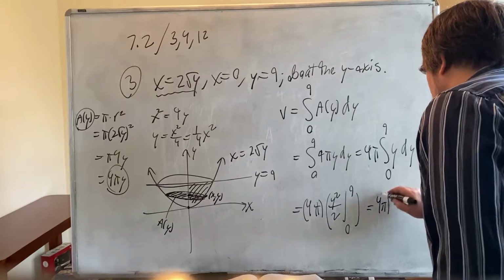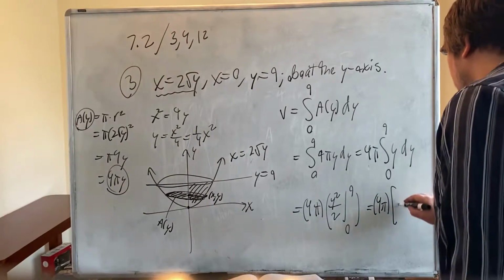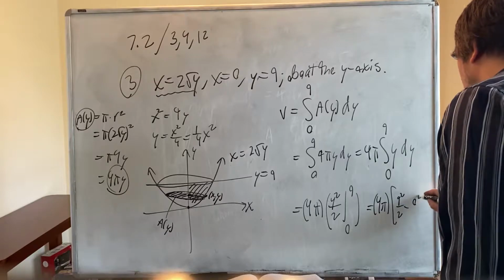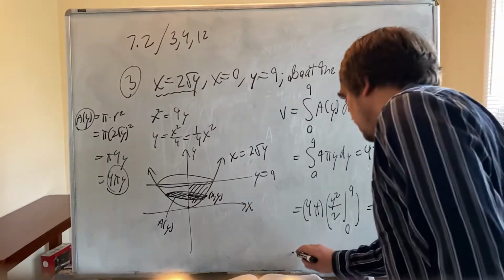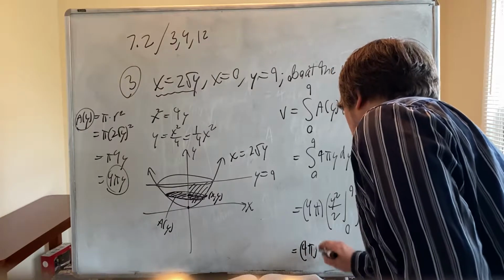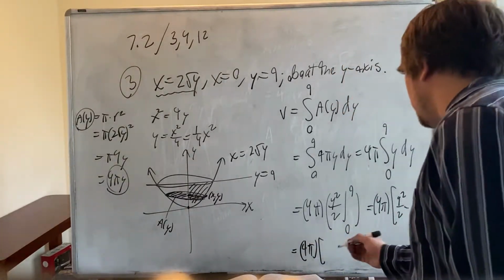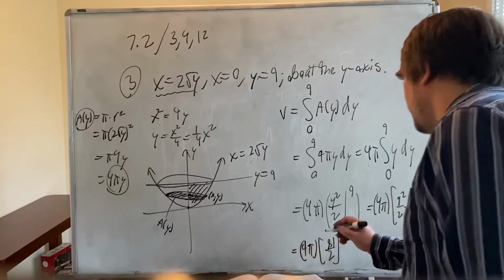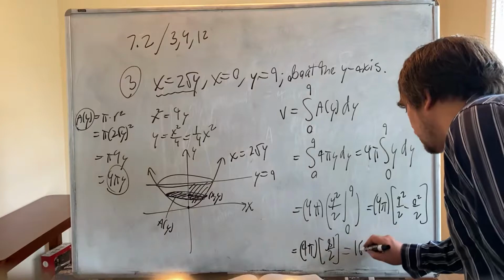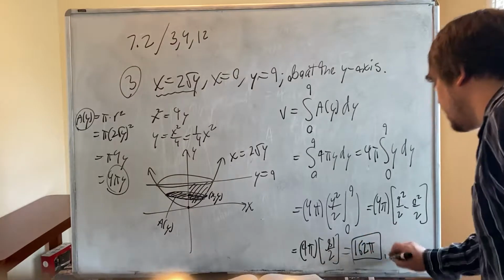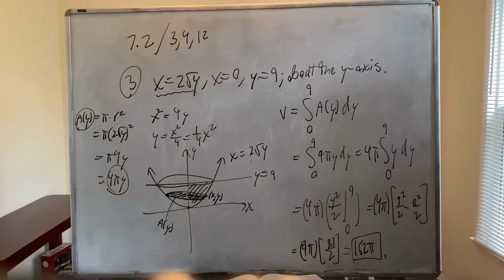Equals 4 pi times 9 squared over 2 minus 0 squared over 2, which is 81 over 2. 4 over 2 is 2, so you get 162 pi. Okay, that's the final answer. So the volume is 162 pi.